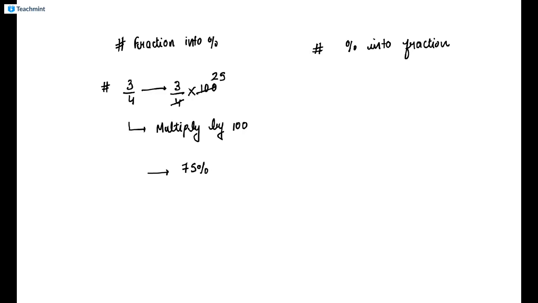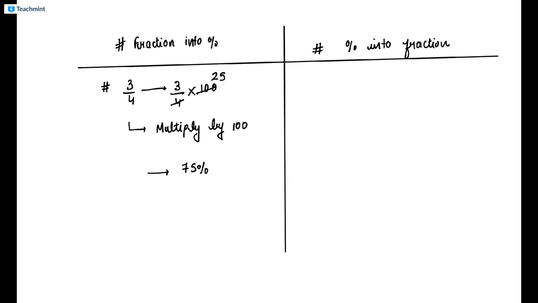So either we can convert a fraction into percentage, or we can change a percentage into a fraction. For converting percentage into fraction, what will we do? Like if we have a percentage like 25%, to convert it into a fraction, what will we do? 25 by 100, it is 1 by 4.